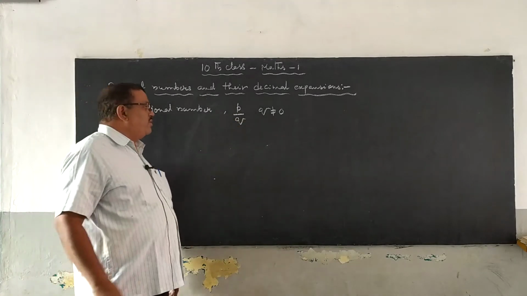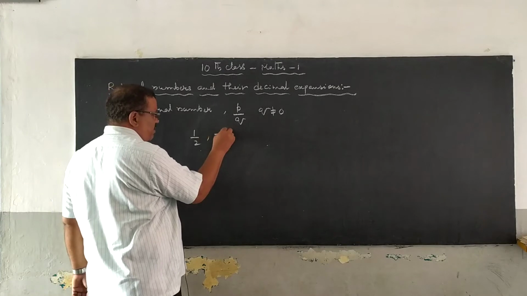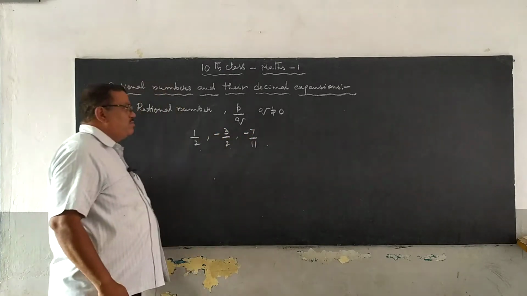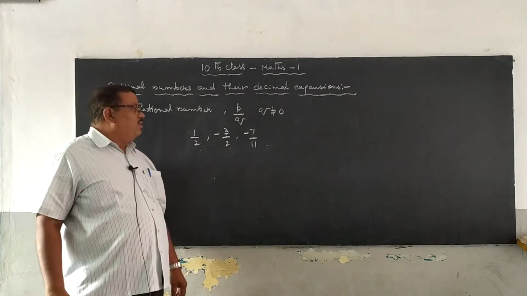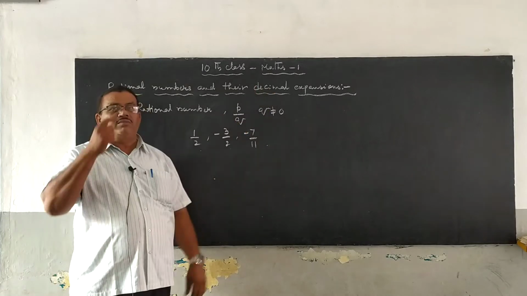The examples of rational numbers are 1 by 2, minus 3 by 2, minus 7 by 11. So how do we represent these rational numbers in decimal form?